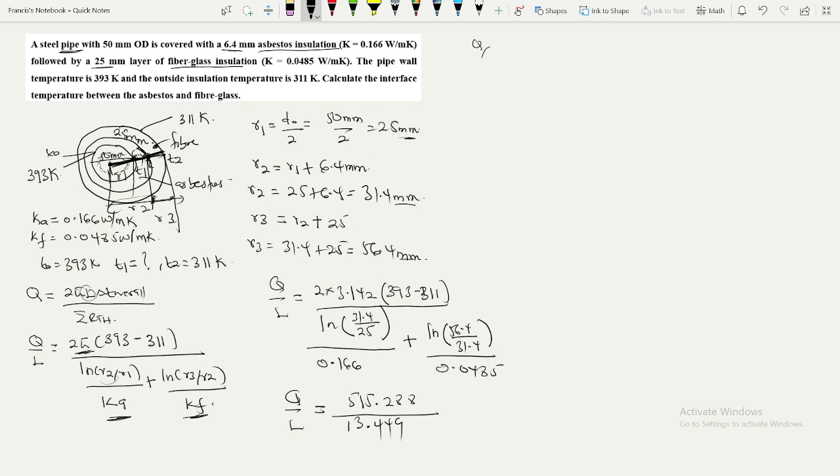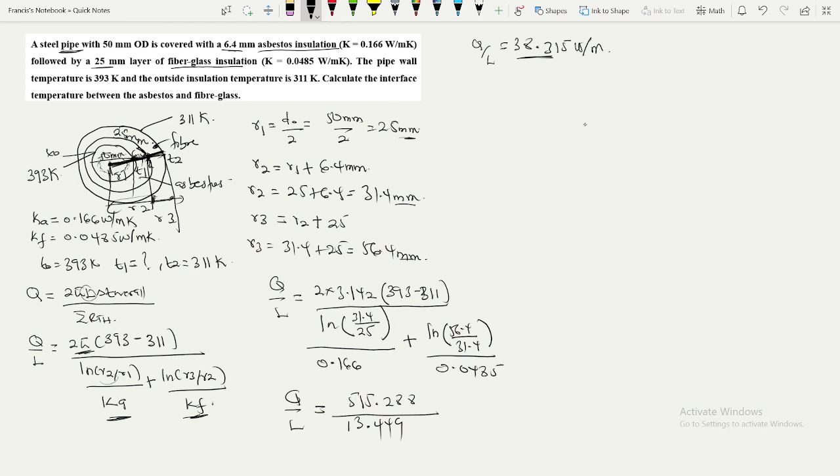So our Q per unit length will eventually be 515.288 divided by 13.449, and then we have 38.315 watts per meter. So now the heat transferred from this portion to this portion is 38.315.